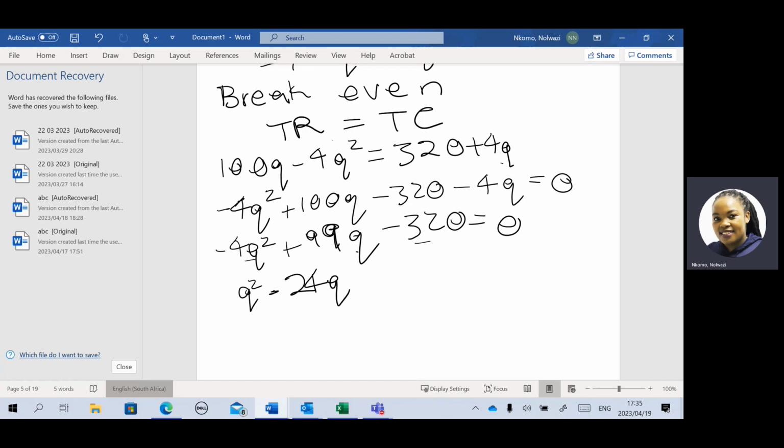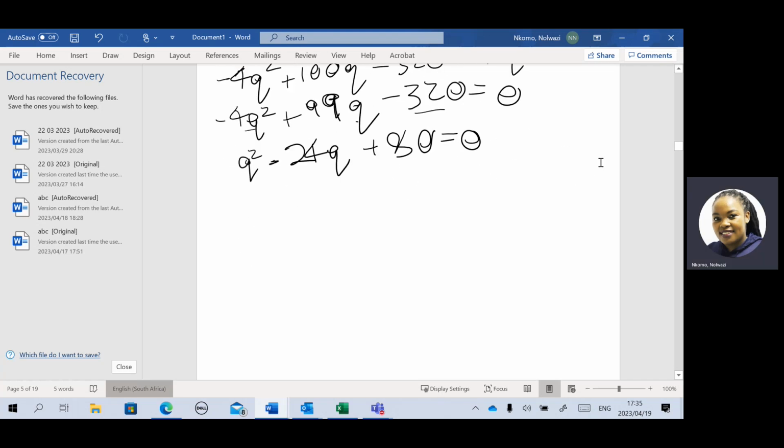And if I divide this term with -4, I will have plus 80 equal to 0. Okay. The next step is to factorize. Remember, I said if you can't factorize, you can use a quadratic formula, right?